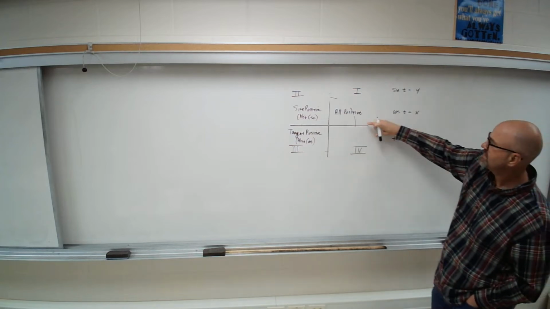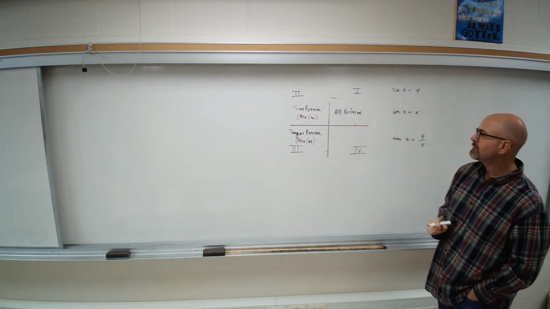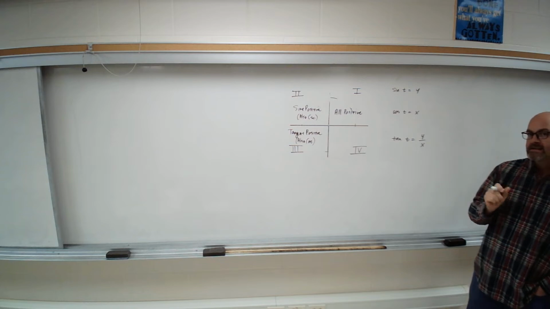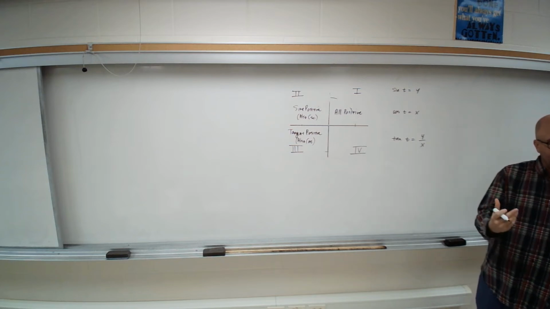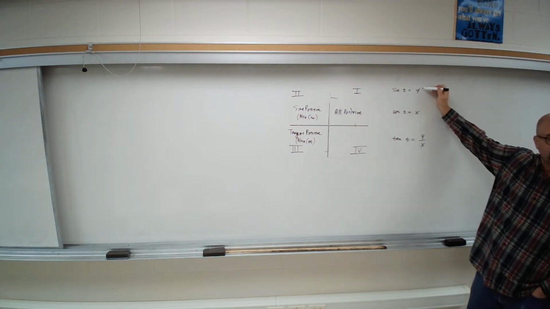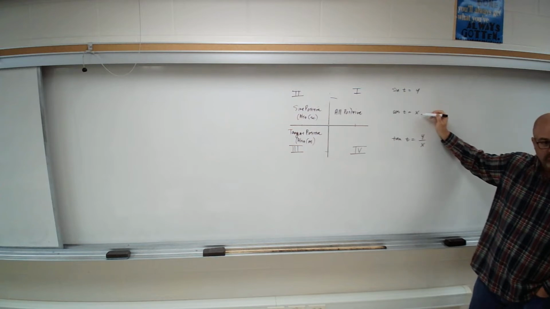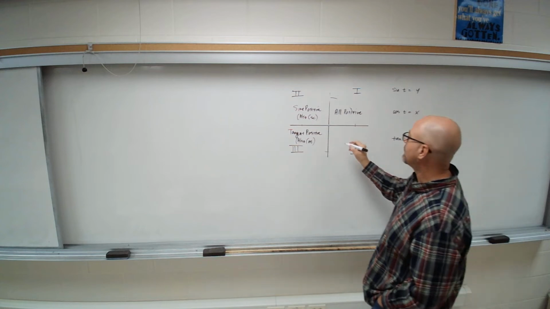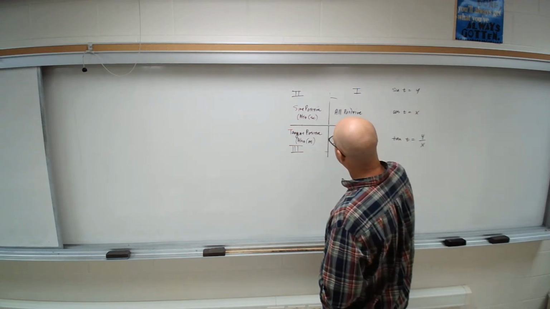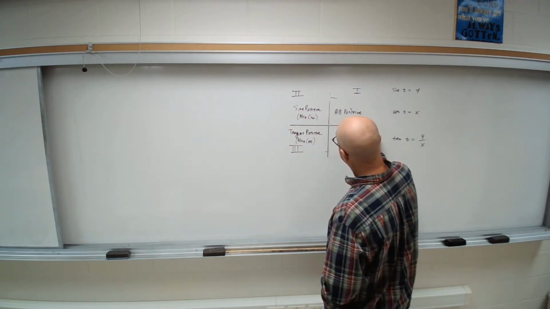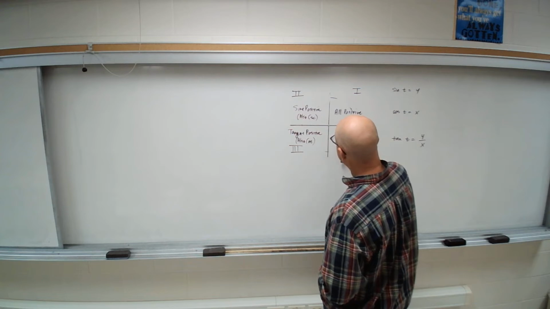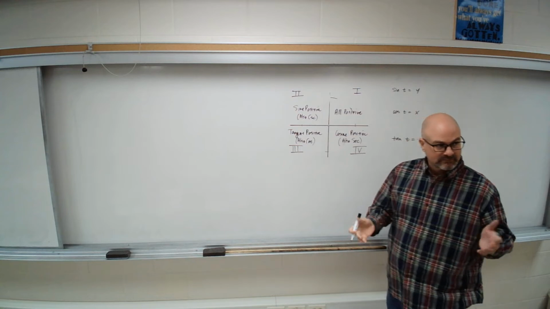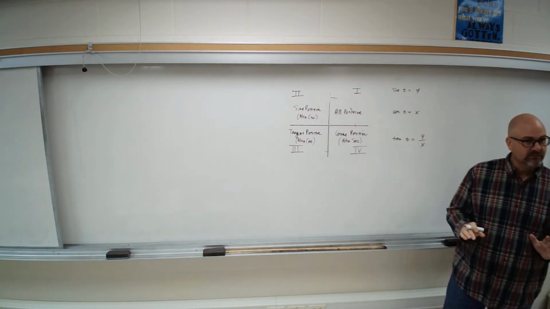And then to finish this up, we're down here in the fourth quadrant where x is positive, but y is negative. So sine would be negative, cosine's positive, tangent would be negative. So down here we have the cosine is positive, and that would also be the secant as well. Good? We okay there? All right.